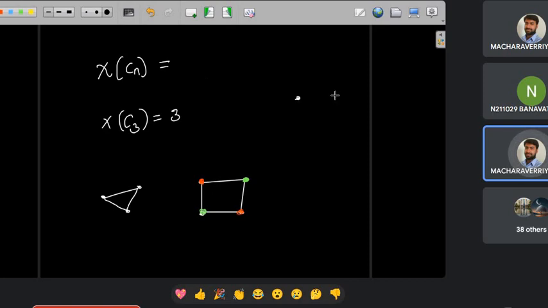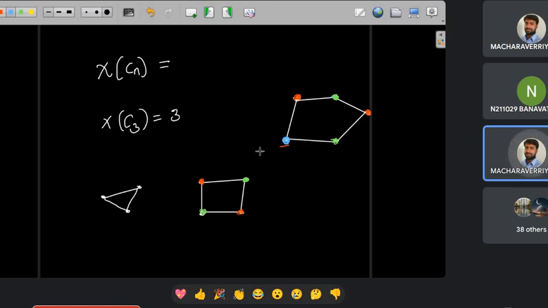And when it comes to C5, so what will you do? You start with 1 color here. Now you know how the edges are there. Then let me go with green color here. Then this I'll go with red color, and this I'll go with green. But here I cannot assign red color again, and even I cannot take green color again. So I should invite one more color here.